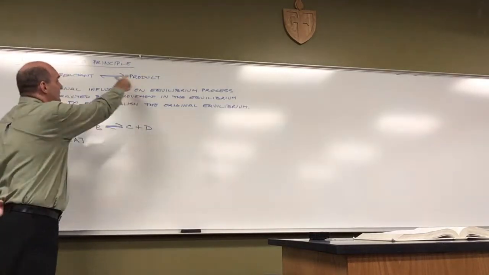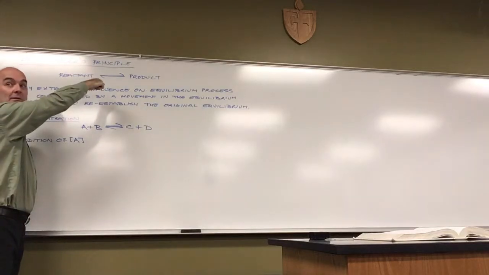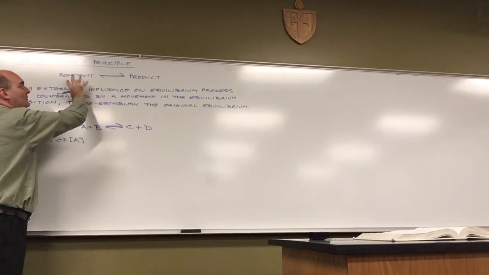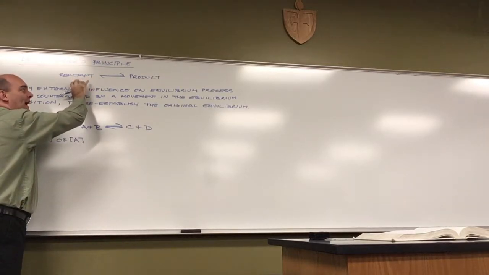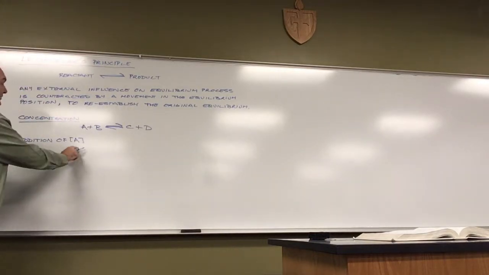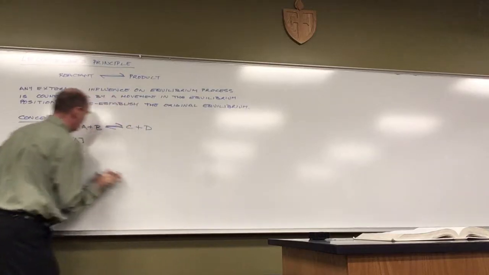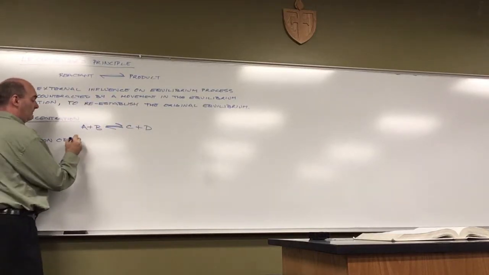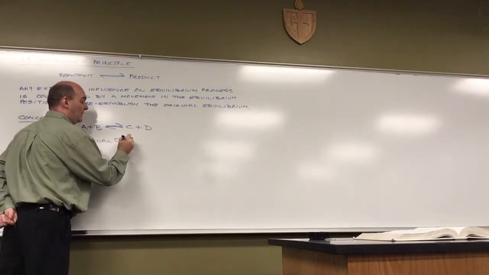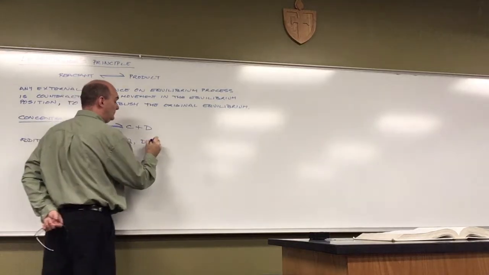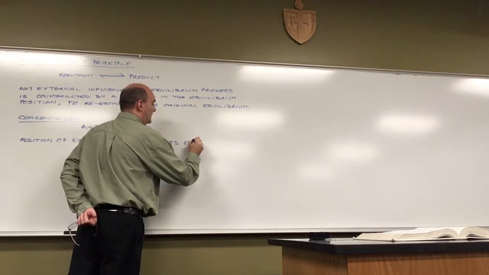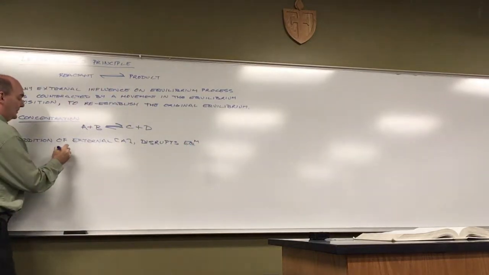But that balance is dynamic. It has the ability to constantly move, and so it just siphons something out of the reactant box and into the product box. So addition of some external concentration of A is going to disrupt my equilibrium position.